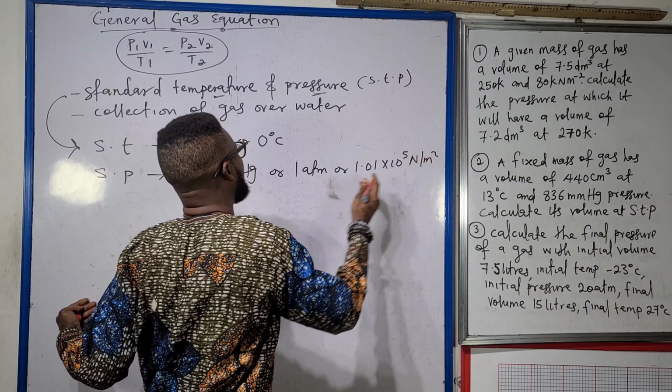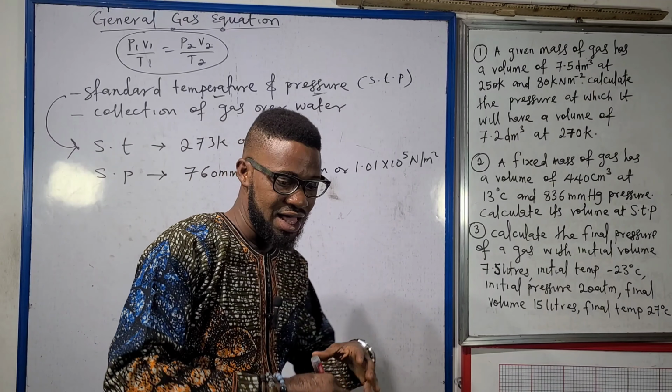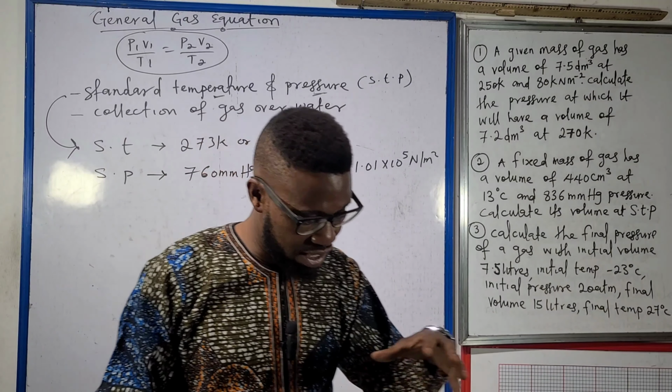So this is our standard temperature and pressure. It is the temperature and pressure at which experiments are carried out in the field of science, so as to encourage uniformity.